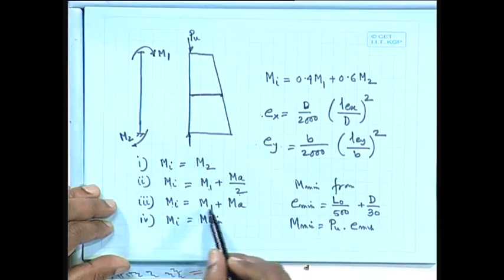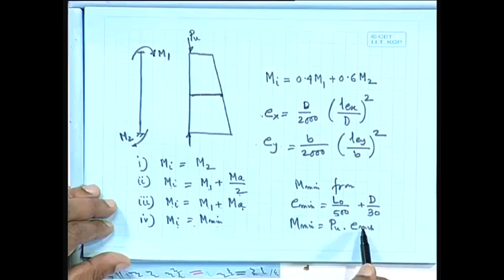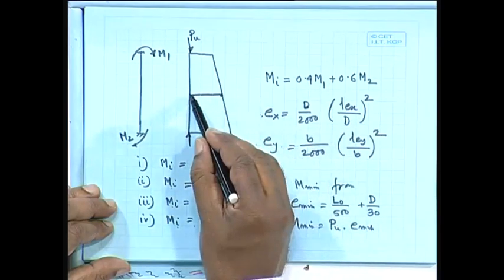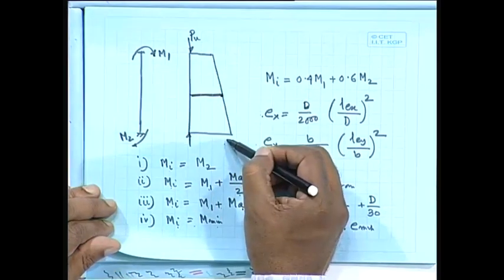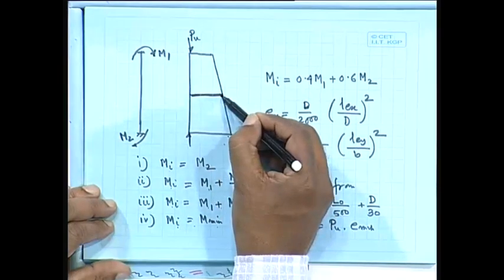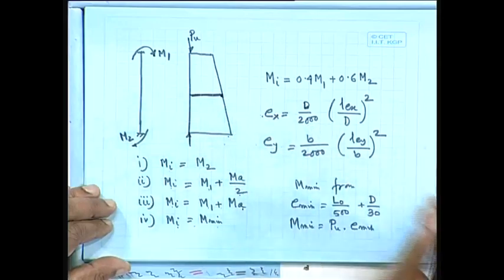The other one, Mi equal to M1 plus Ma, and the fourth one, Mi equal to M minimum, which you are getting from the eccentricity point of view. That means, if we know M1 here and M2 here, then we can find out this value.